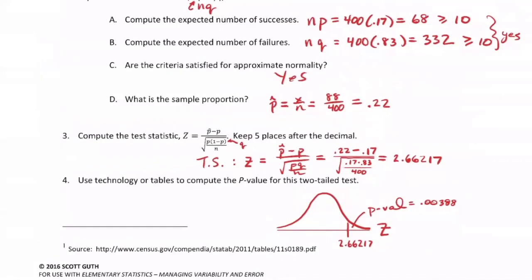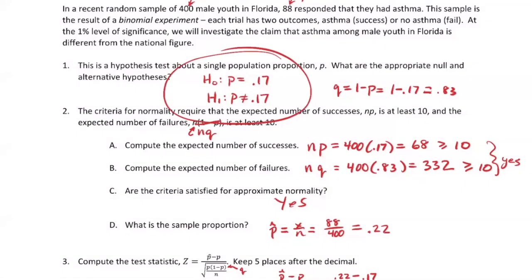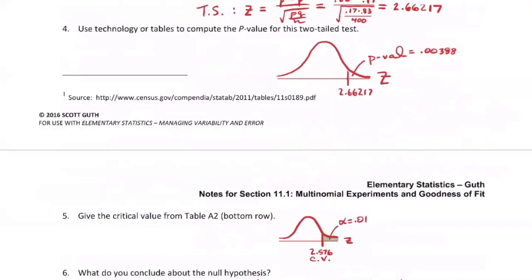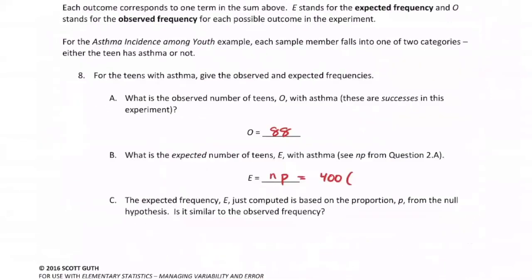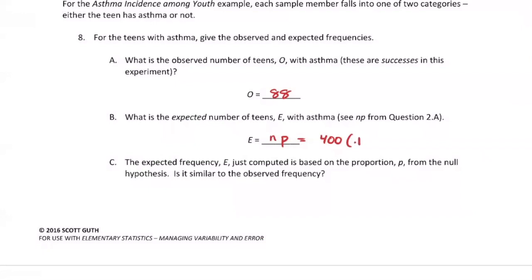That's from our null hypothesis right here. Okay? So we're assuming it's true. So it's 400 times 0.17. Anybody? I think you 68.